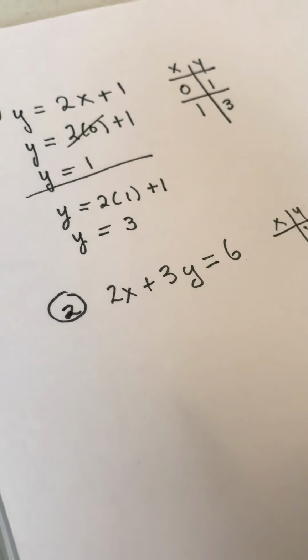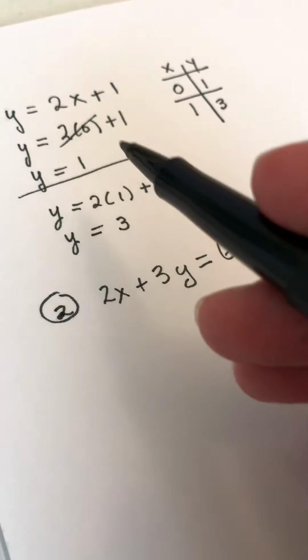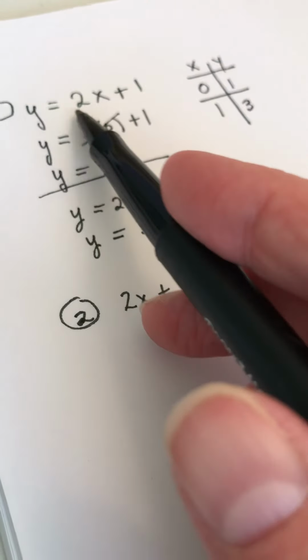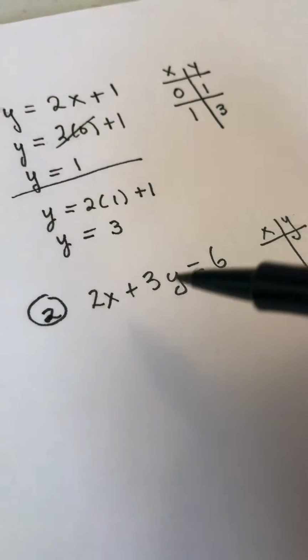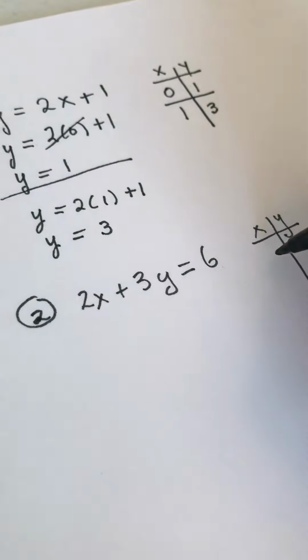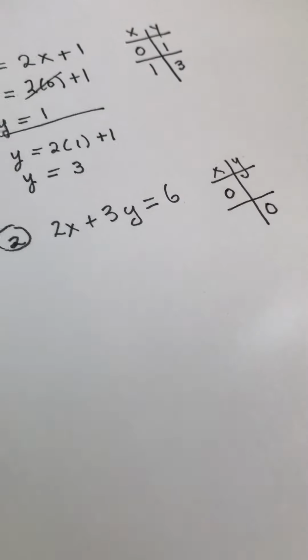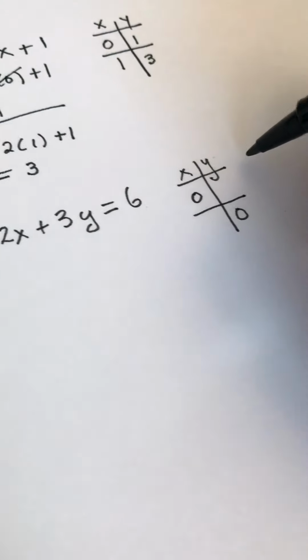When you have something like this, where x and y are on the left-hand side, first of all, it's called the standard form of an equation, and this one is called slope-intercept form because you can pick out the slope and the y-intercept. But when it's in this form, what I do is plot my intercepts.